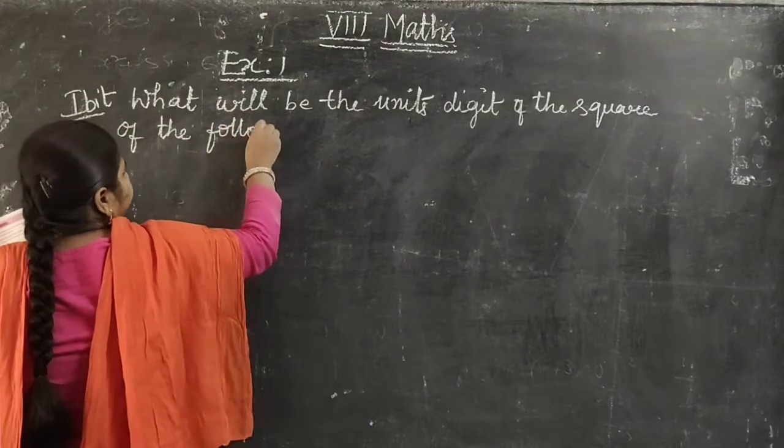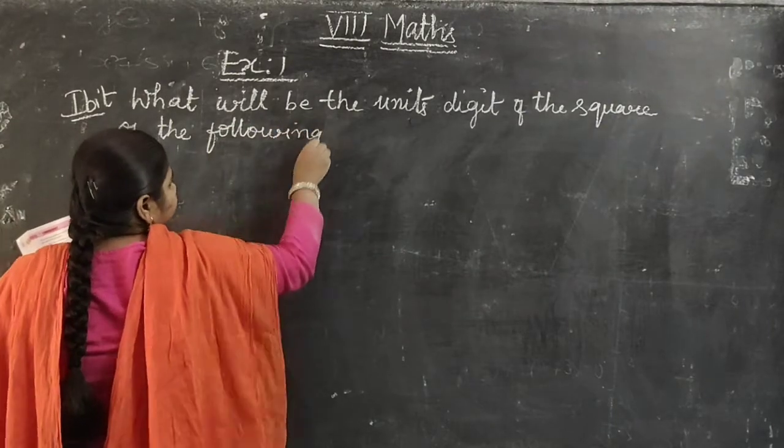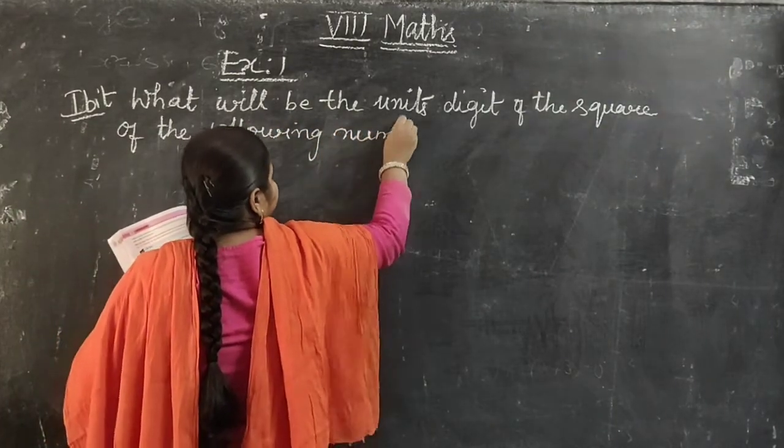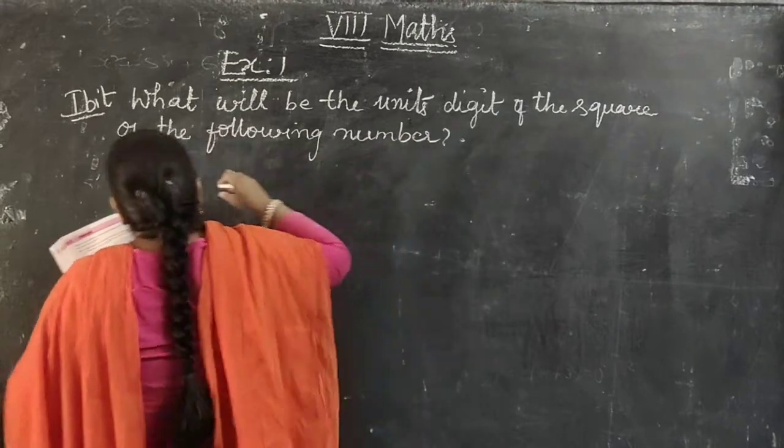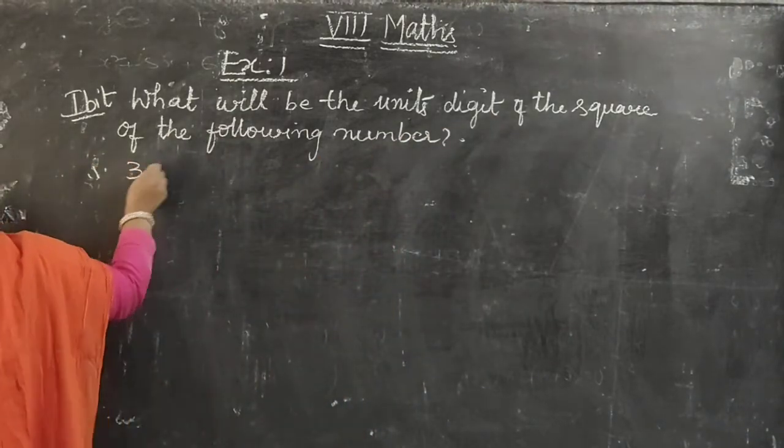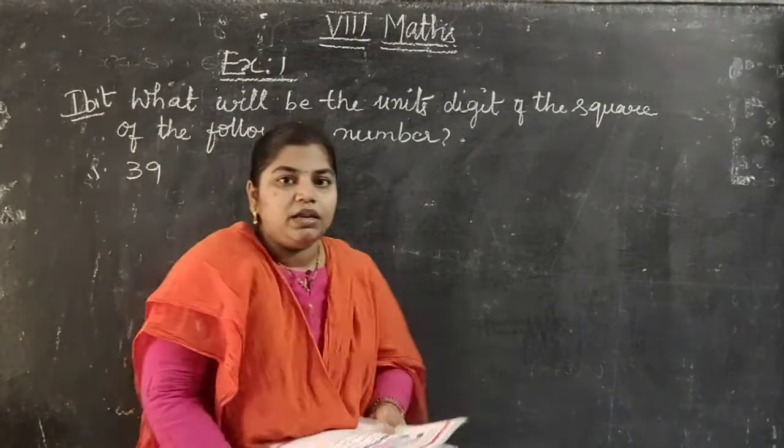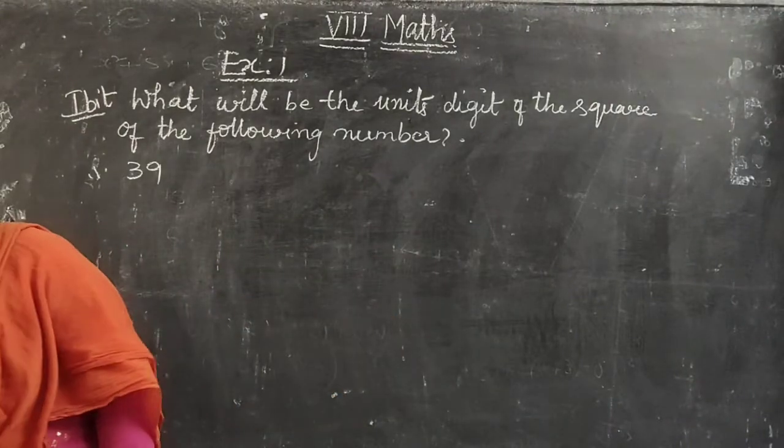So we only have to find the unit digit value. What is the first one? 39. If you square this 39, what will be the unit digit we have to find?